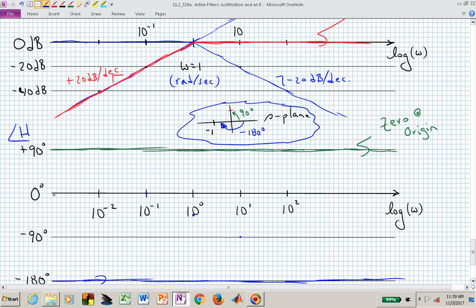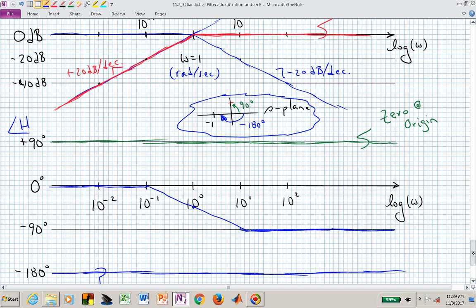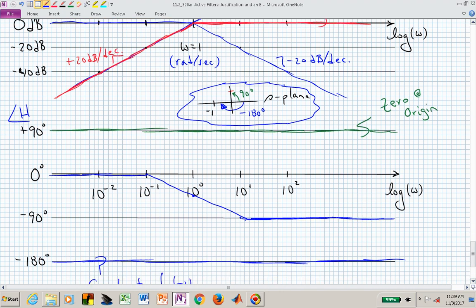It has, for low frequencies, an angle of 0. For high frequencies, it has an angle of -90 since it's a pole, and it now has this linear, the way that we do the straight line approximation of our signals. That's now what we have for this particular transfer function's components.